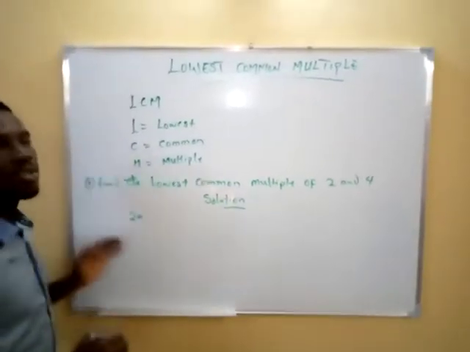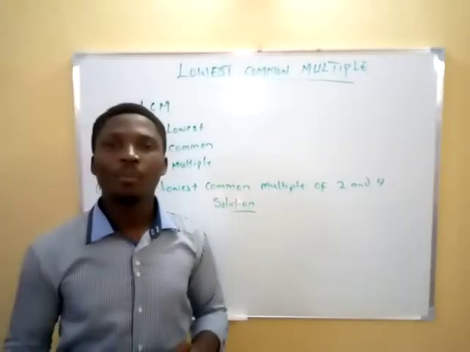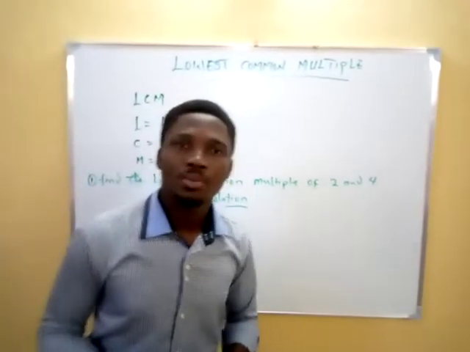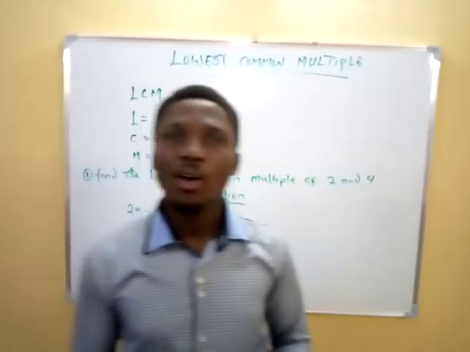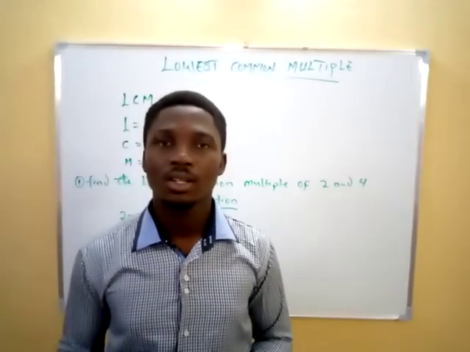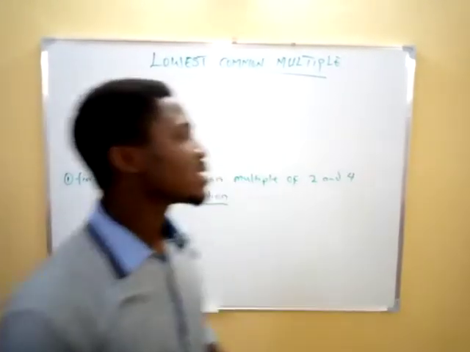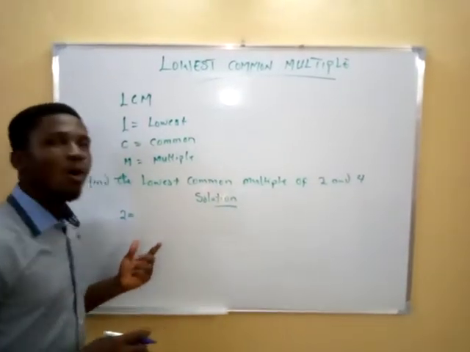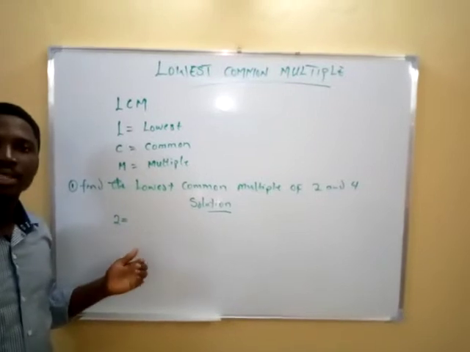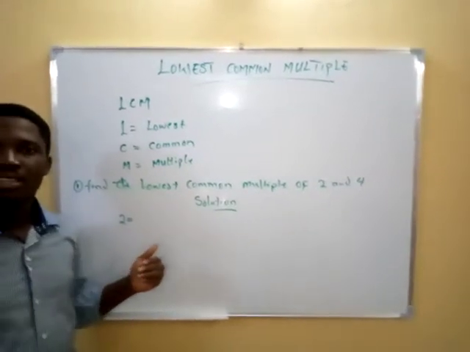The first thing you do is learn to find the multiples of the numbers. Now, what are multiples? Multiple is the order of multiplication for a particular number. So, what is the product of 2 when it is being multiplied across numbers sequentially?